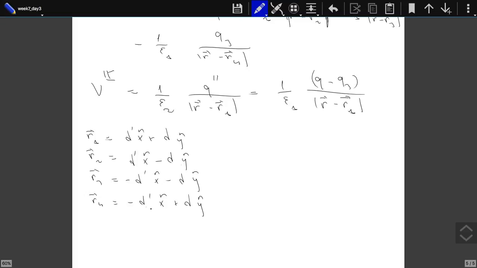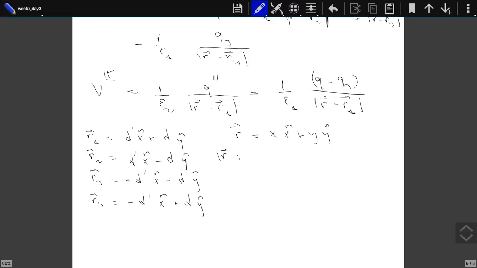Now, to take the derivative, we need to find the expression of the potentials at an arbitrary point. Then take the derivative and then go to the boundary. So we cannot just set the r point to be on the boundary and claim to be able to take the derivative. So we have to write the potential at an arbitrary point r. Let's say this is x in the x hat plus y in the y hat.